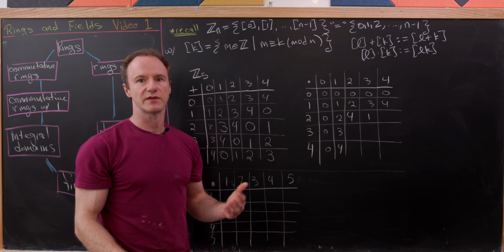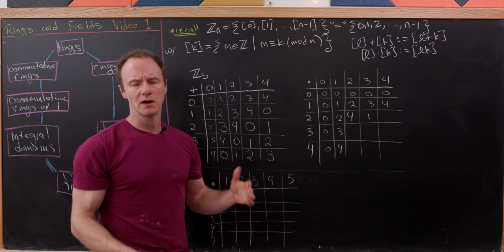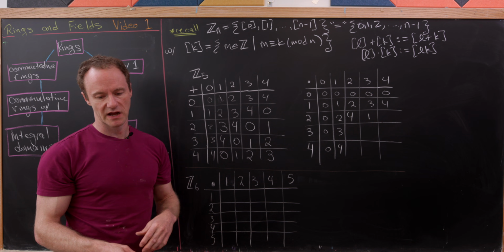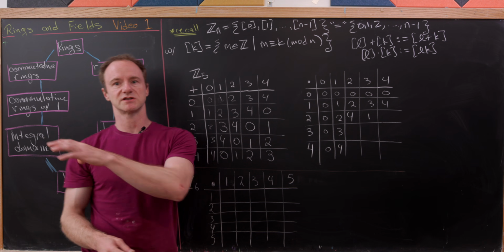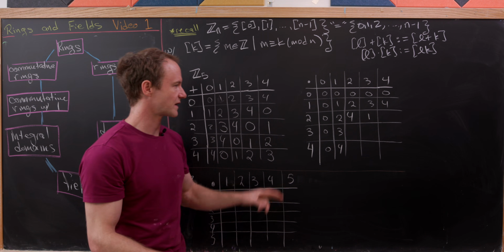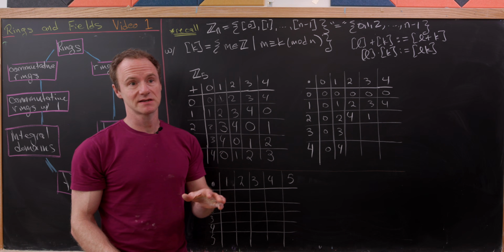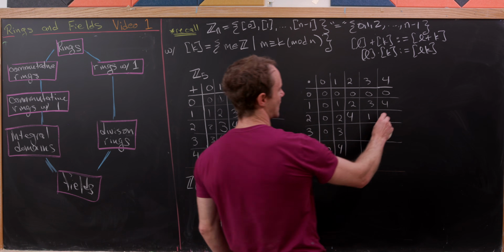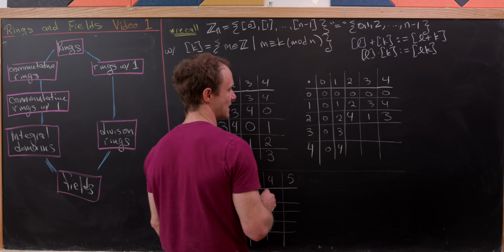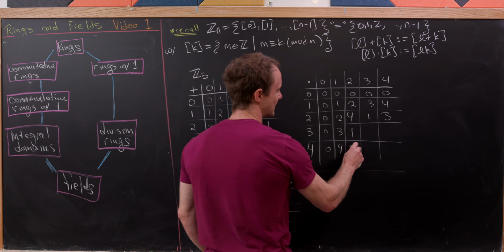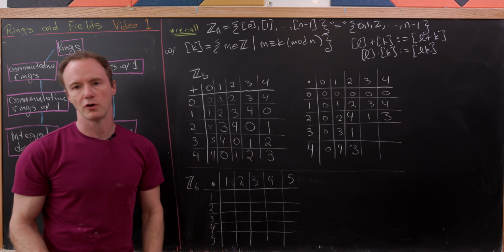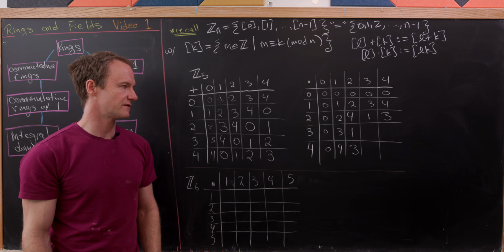So that means that 2 and 3 are both units. Again, we'll go into this a little bit more carefully when we discuss all of these types of examples over here. Now, 2 times 4, that's going to be 8, but 8 is 3 mod 5, so we'd have a 3 right there. And then I guess we can just fill in that column just like the row because we have multiplication as commutative.